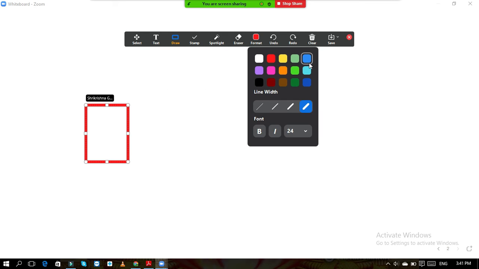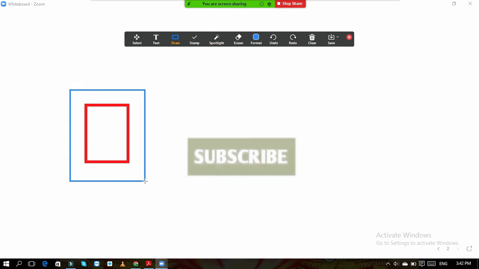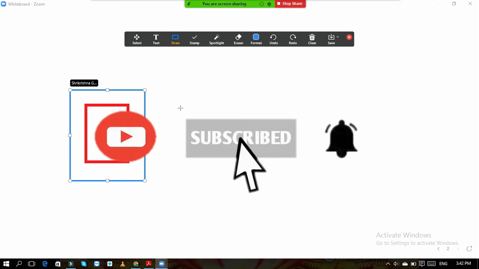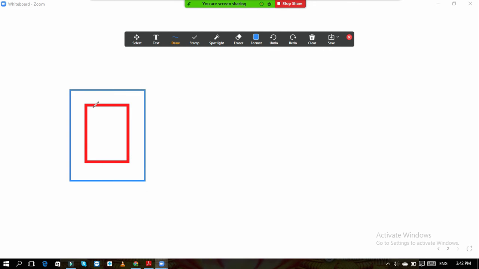Then here this is the beam, this is the cross section of the beam. Now the bars are provided at the top and the bars are provided at the bottom.